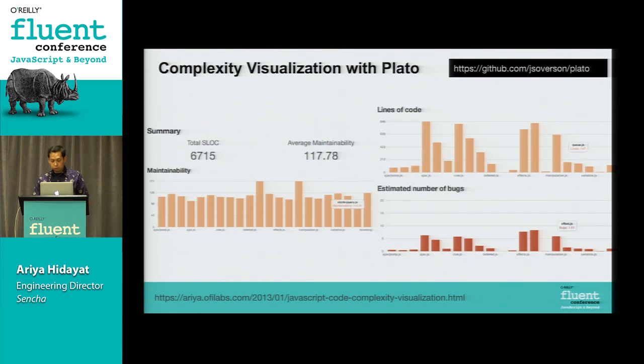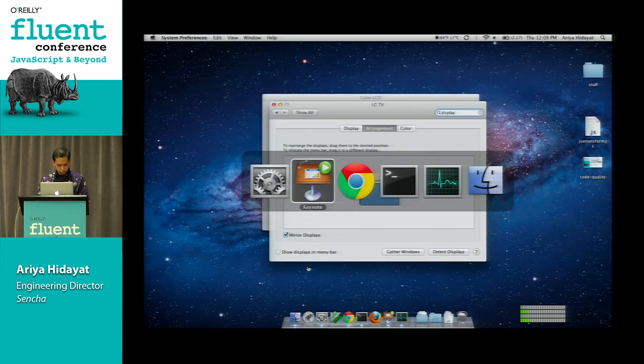There's a fantastic tool called Plato. It's made by Jared Overson. I think it's here. Yeah, there. If you have questions about this tool, go to that guy. So the idea is that instead of just numbers, you can get a beautiful chart. And the way to do this is by just running Plato. I think I have it installed.